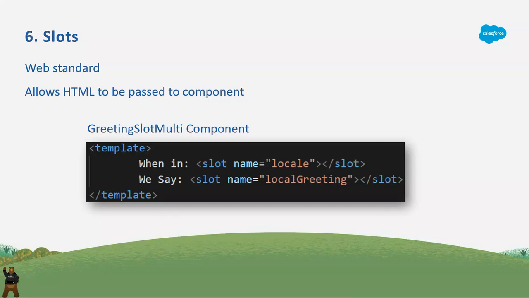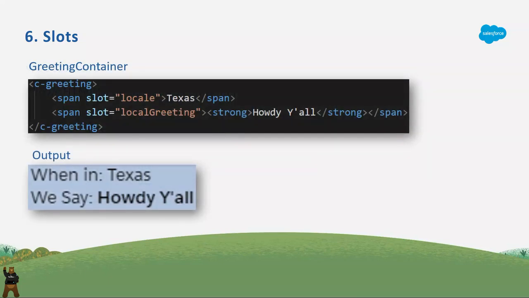Nice. So slots is a web standard. It's a way to pass through HTML to a child component. So you'll see here that we have a definition of a component here, template, LWC template, and two slots, locale and locale greeting. And what you can do is when you use the component, you can put values inside of those slots.